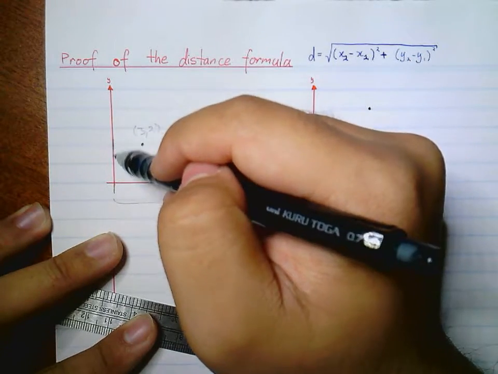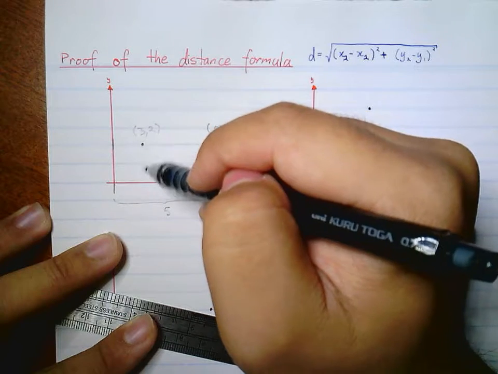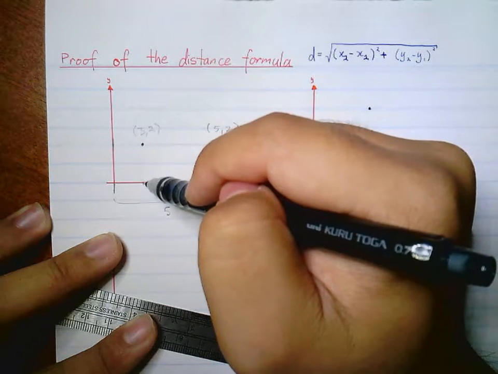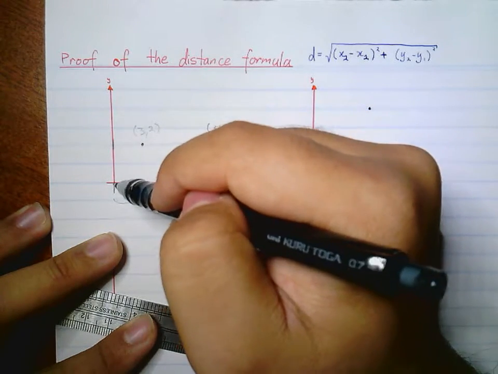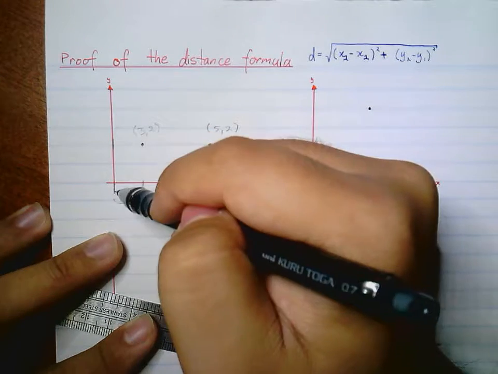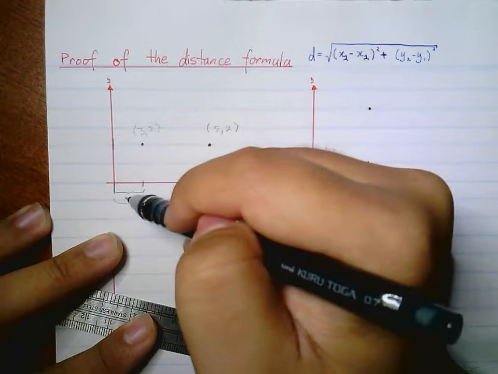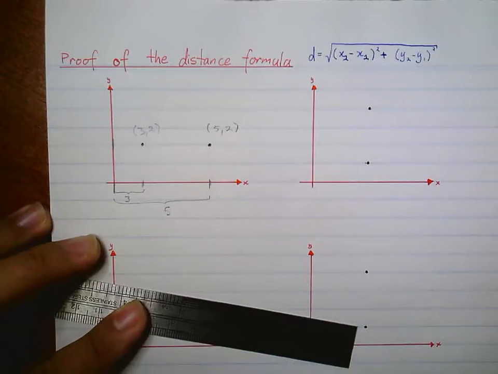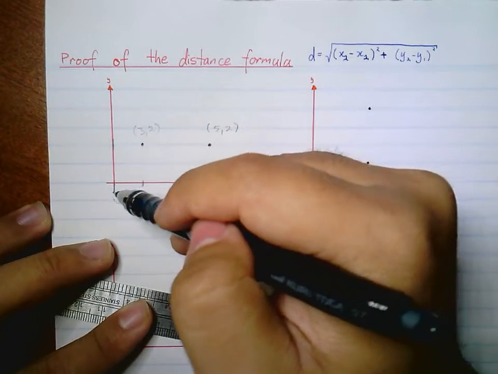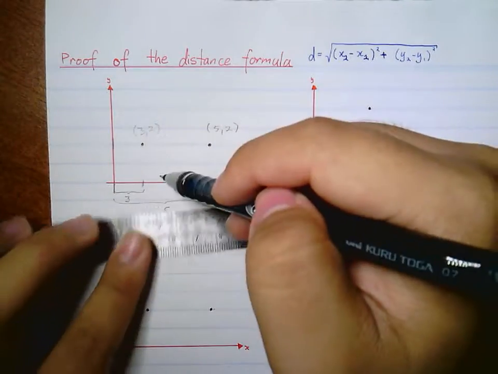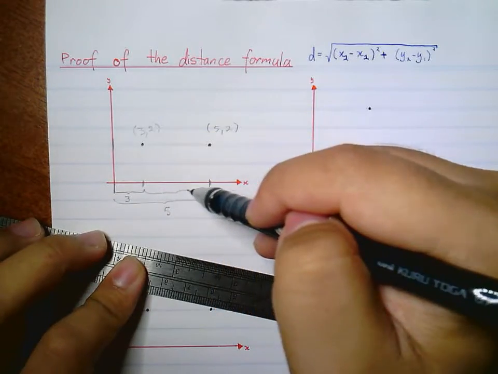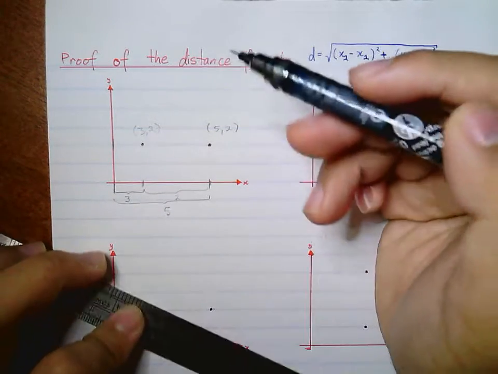Similarly, how far is it from 0 to 3? Well, isn't that 3 units away? Well, if that's 3 and that's 5, this one here must be 2 units.